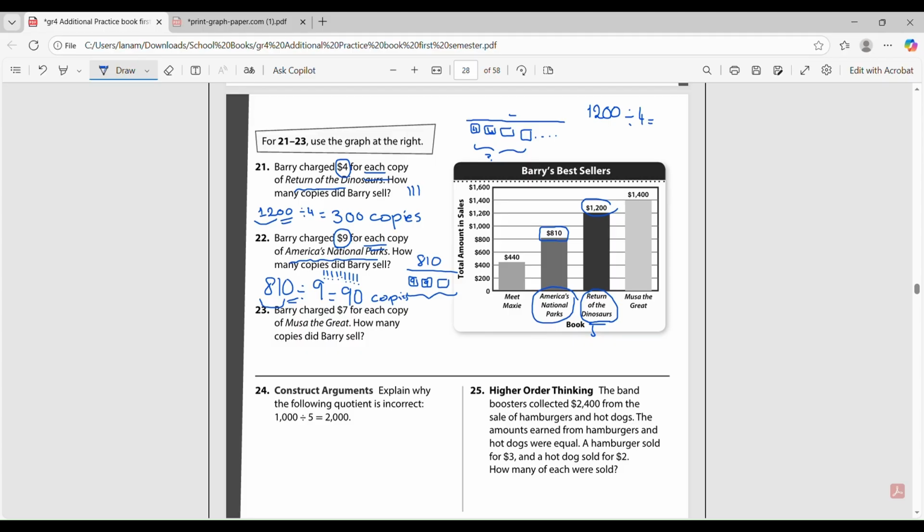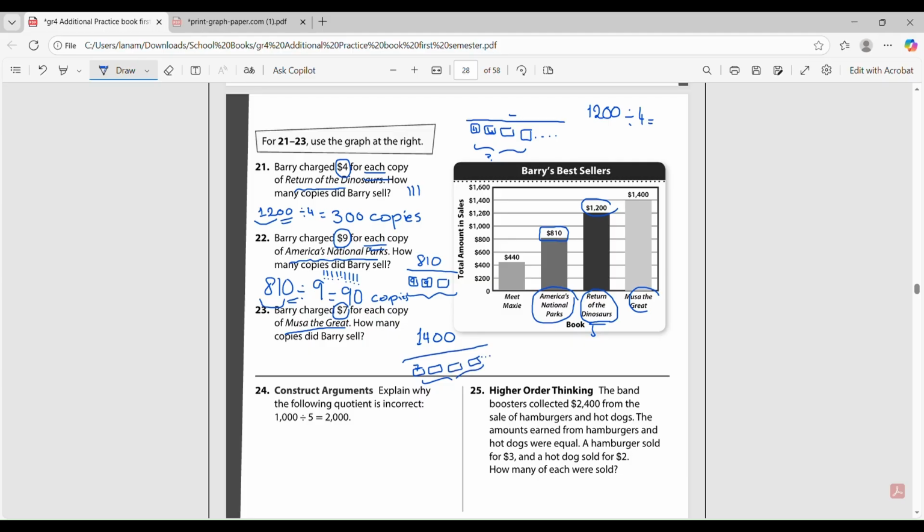Now, question 23. Barry charged $7 for each copy of Most of the Great. How many copies did Barry sell? So here we have the total, 1,400. I have the cost of each copy, which is $7, but I don't know the number of copies.